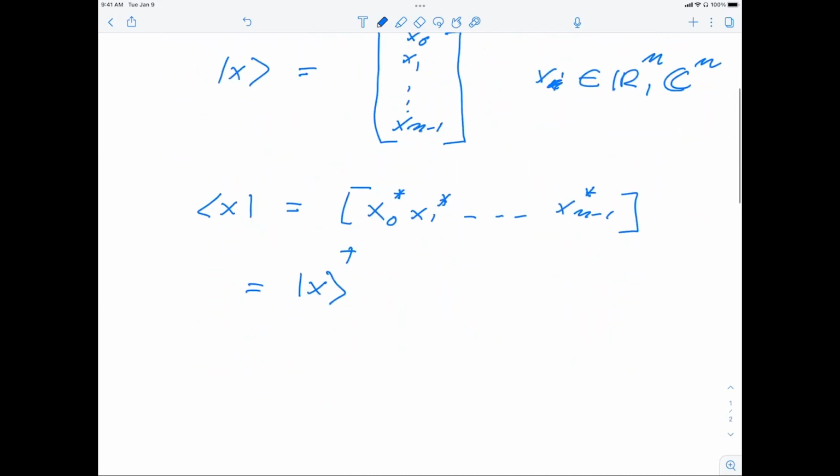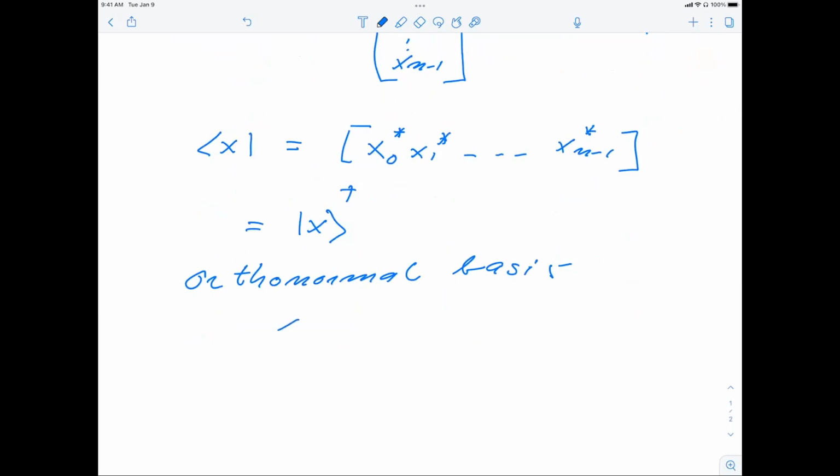Now, we are going to assume in many cases that we have a so-called orthogonal and normalized basis, and this is normally written as an orthonormal basis. And that means that the norm of this quantity, x with x, is equal to 1.